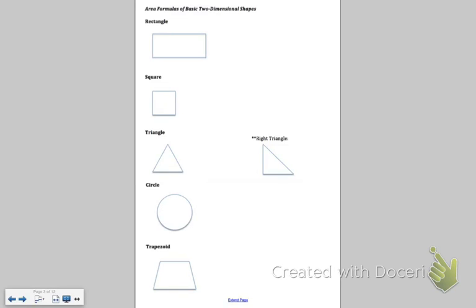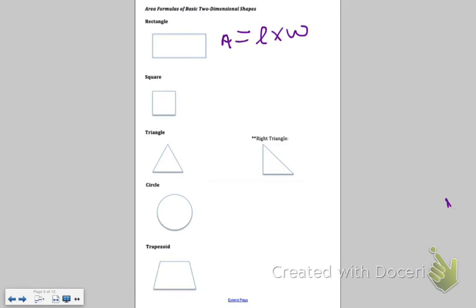So the area of a rectangle, should be an easy one, is just the length multiplied by the width. So right next to our rectangle, we're going to say the area is equal to length times width.